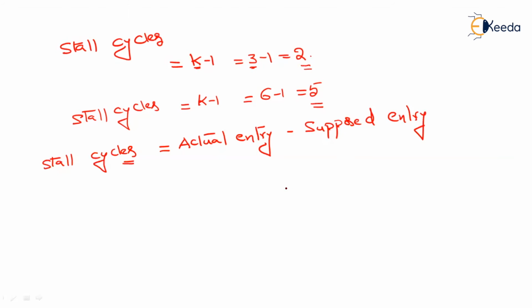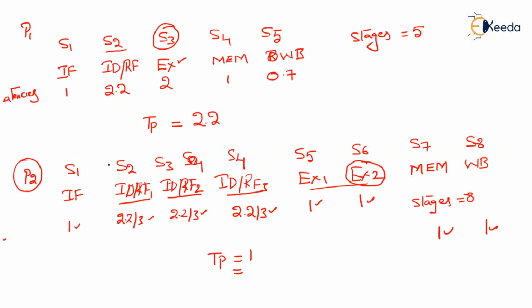Now let us have a look. There is a second instruction. The first instruction enters into the pipe, into S1. The second instruction will wait because S1 has to be free. The first instruction enters into S2 in clock cycle 2.